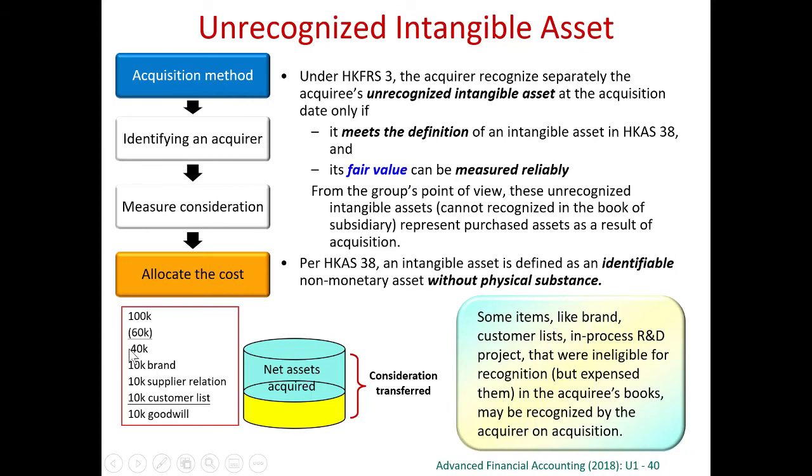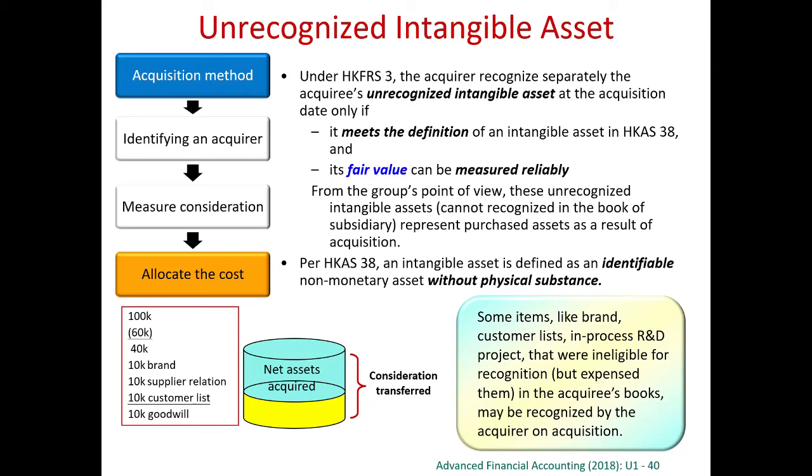Instead of classifying everything as goodwill, I can say that I pay 100 because I like particularly the brand name of that business. So I pay 10,000 for the brand name of that business, even though in the financial statements of that business they don't capitalize it, because I like that brand name.